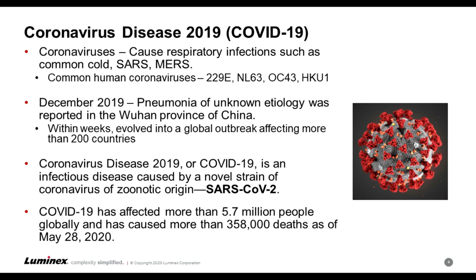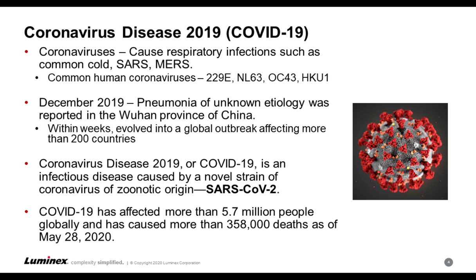In December of 2019, we heard of the first reports of a novel coronavirus of zoonotic origin that was causing pneumonia in the Wuhan province of China. The virus, now known as SARS-CoV-2, causes the illness designated COVID-19, and it has spread rapidly across the globe.